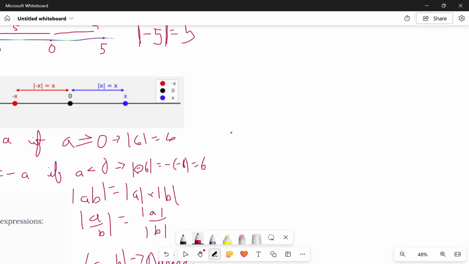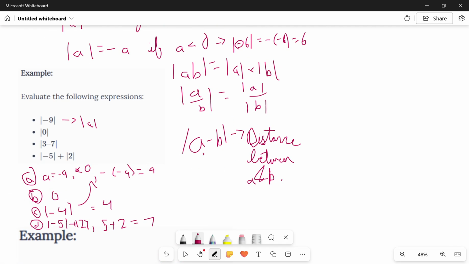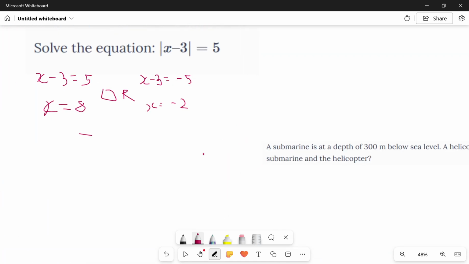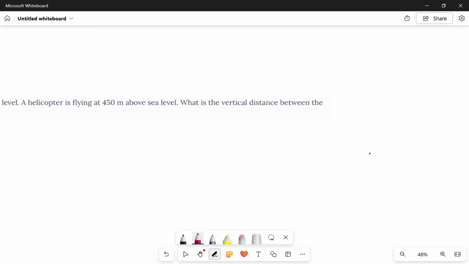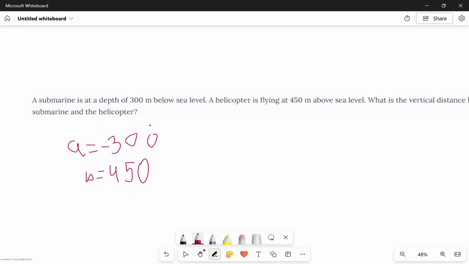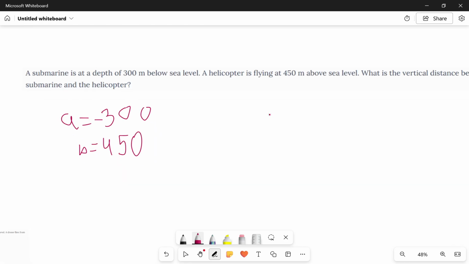If we look at this property, |a minus b| is equal to the distance between a and b. So let's say a is negative 300 because it's below, and b is equal to 450, above sea level. If I have the graph here, this is sea level.